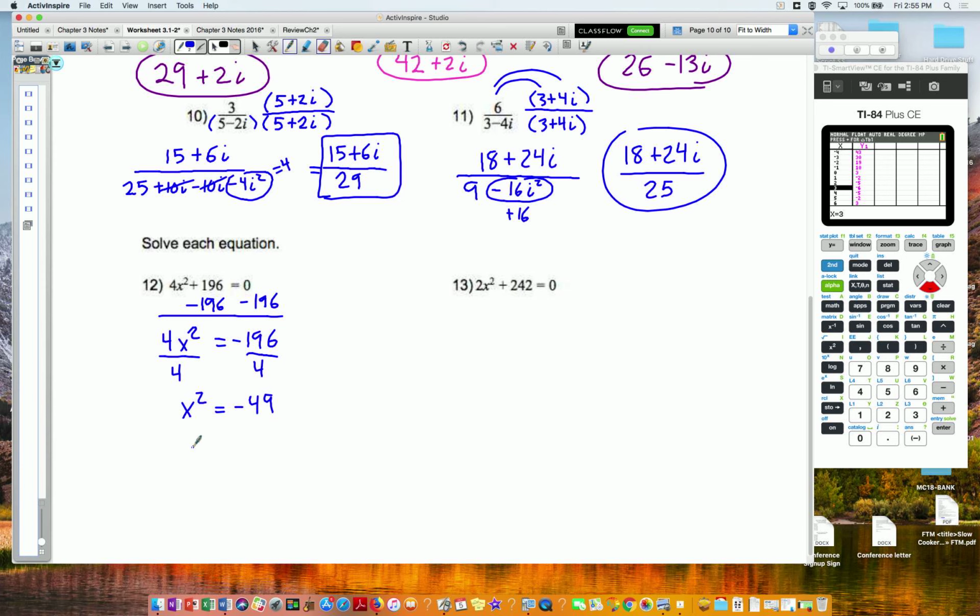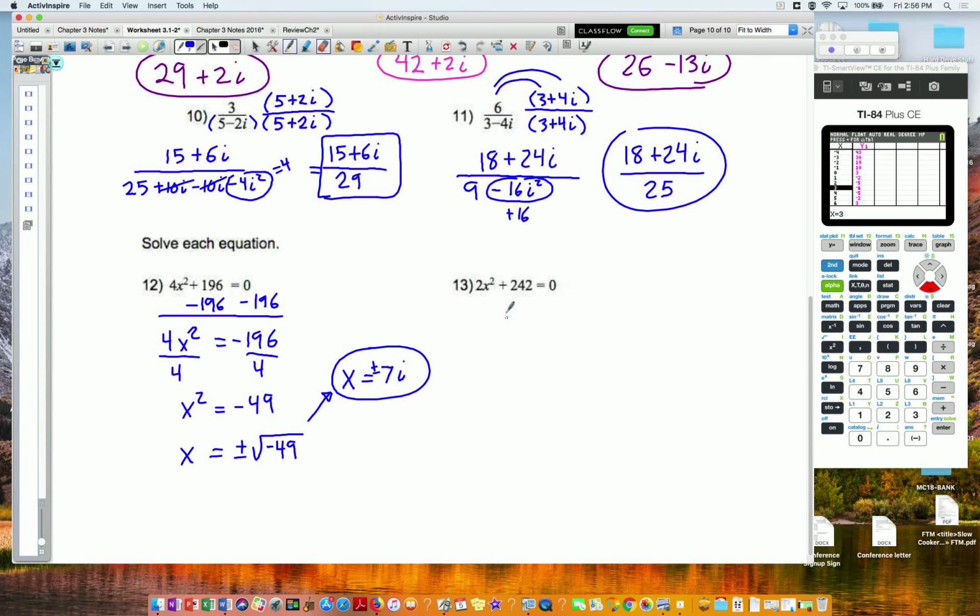When we take the square root of both sides, don't forget the plus or minus, square root of negative 49. So now, the negative is i, the square root of 49 is 7, so I have 7i. Almost forgot to put that plus or minus in front. So I have plus or minus 7i.